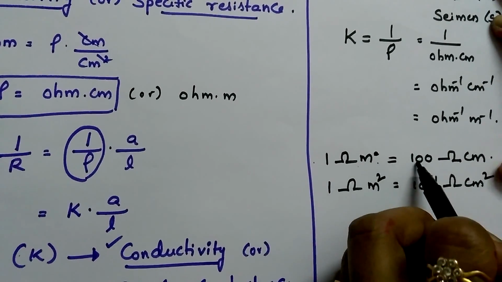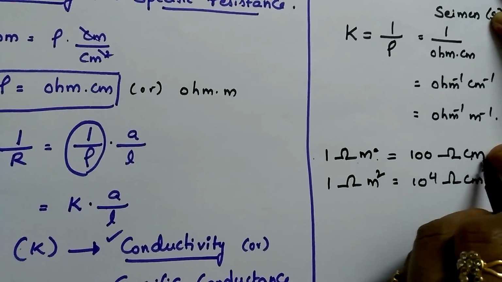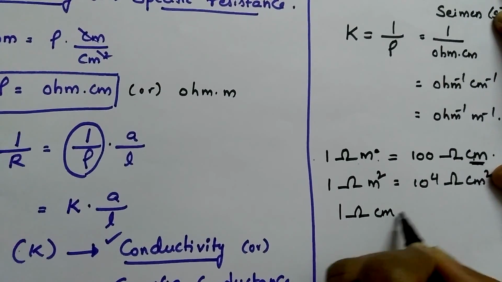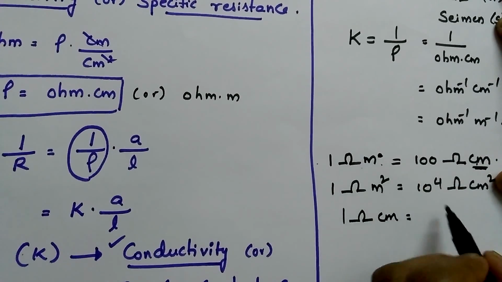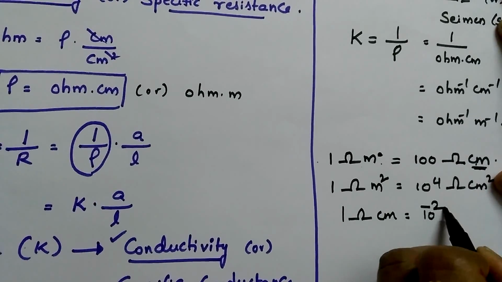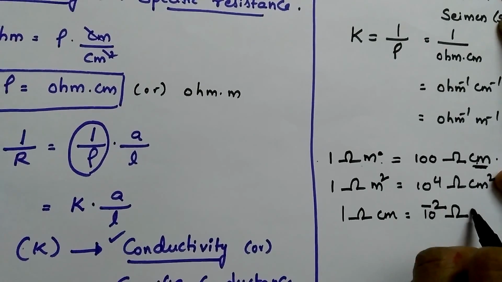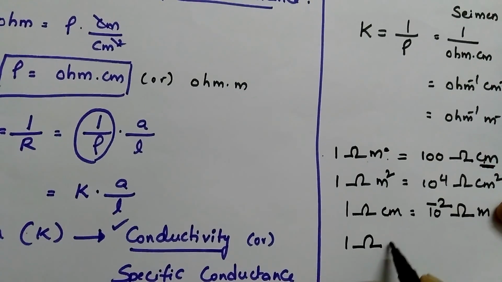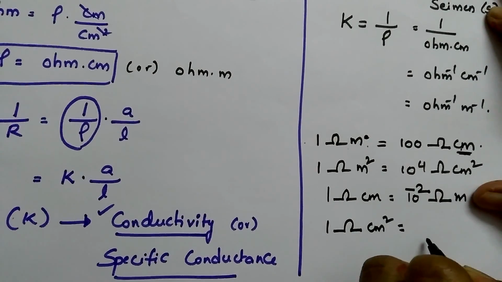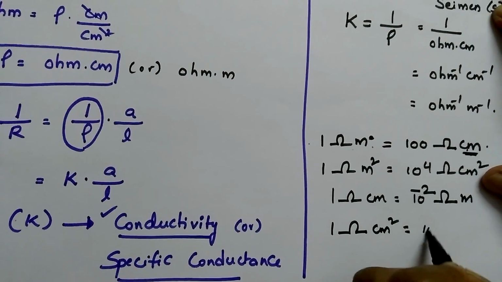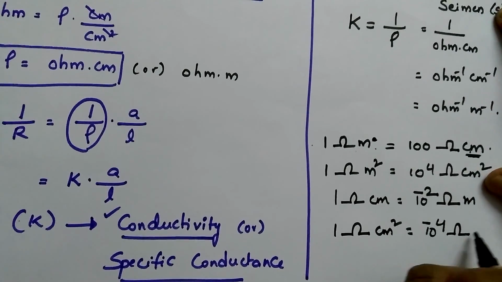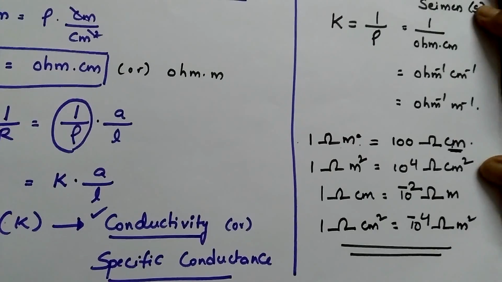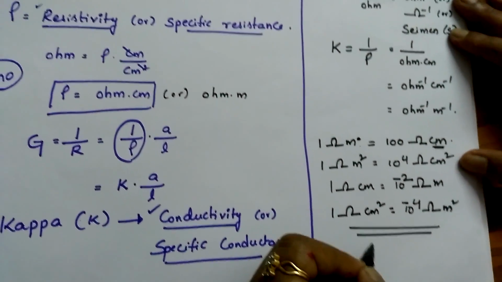If 1 ohm meter is equal to 100 ohm centimeter, then 1 ohm centimeter is equal to how many ohm meters? 10 power of minus 2 ohm meters. 1 ohm centimeter square is equal to how many ohm meter square, students? 10 power of minus 4 ohm meter square. These are the conversions used during tougher problems. These are useful for you.